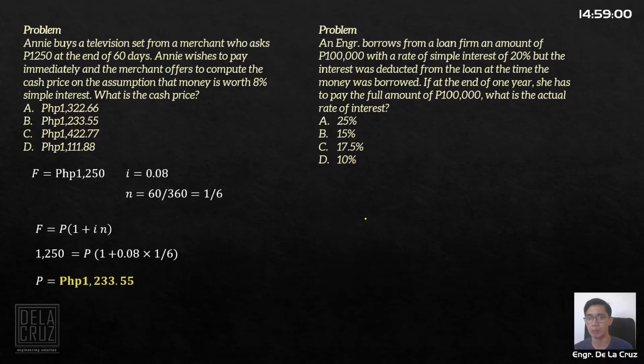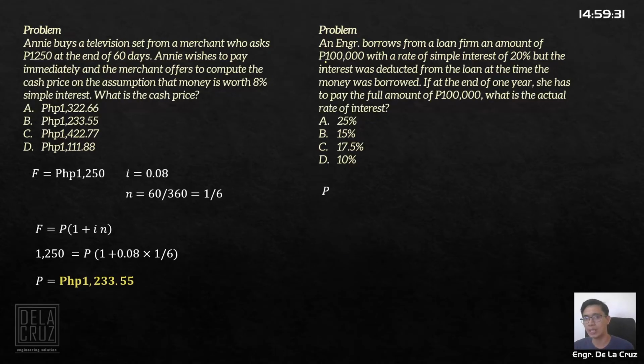Simple interest of 20%. Now, after that, yung net money or net cash na makukuha niya is less by 20% na siya. That is the principal value. After 1 year, yung babayaran niya is ulit 100,000. Let's try to analyze. Now, yung present value, ito yung perang makukuha niya from the loan firm.